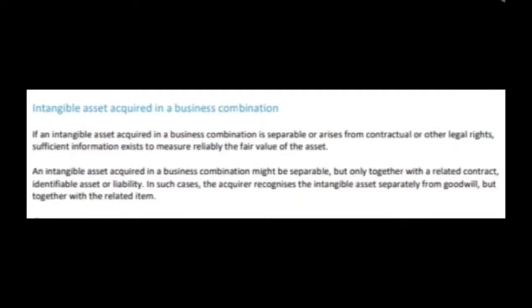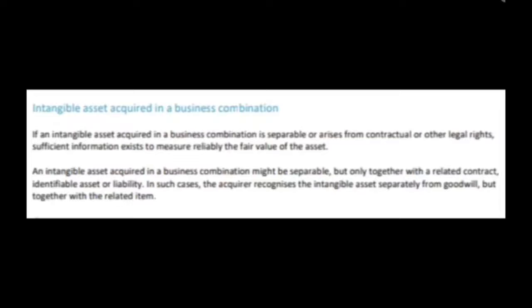Now, if the intangible asset is acquired in a business combination, meaning you have combined your business with another, how will you calculate the intangible asset? If an intangible asset acquired in a business combination is separable or arises from contractual or other legal rights, sufficient information exists to measure reliably the fair value of the asset.